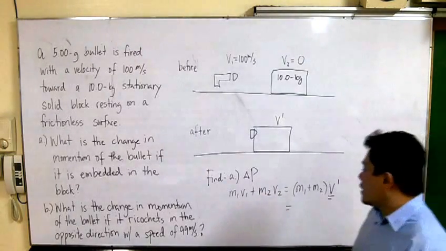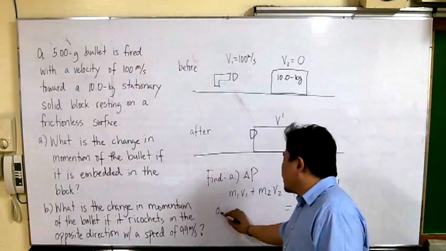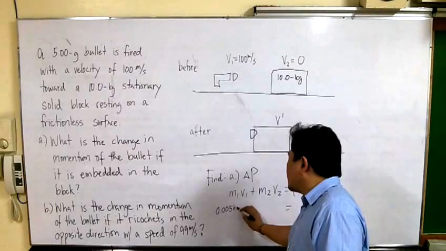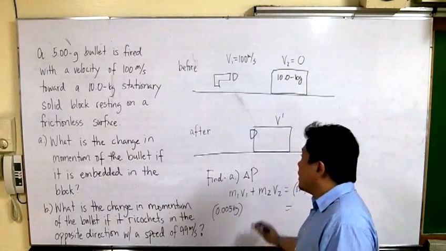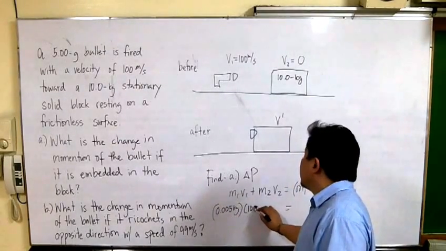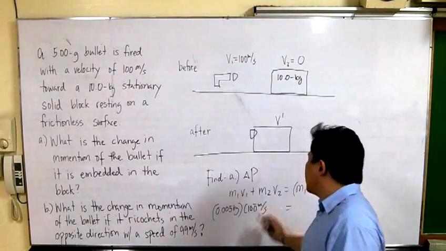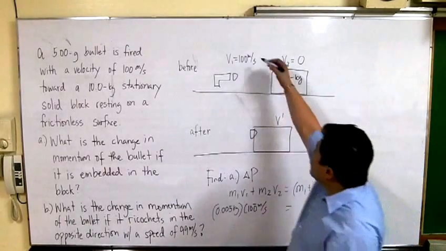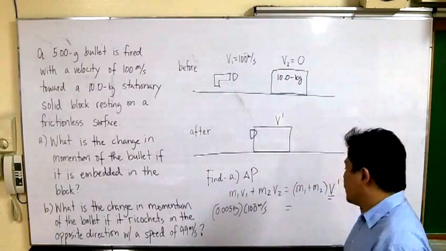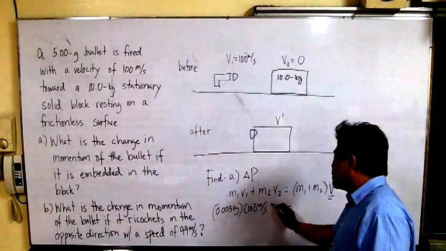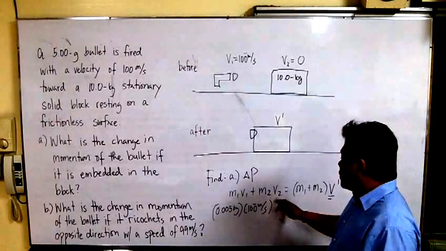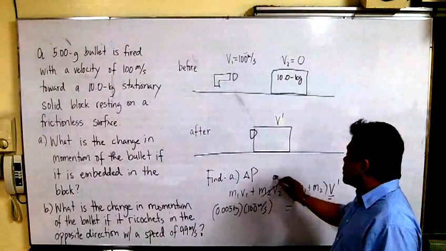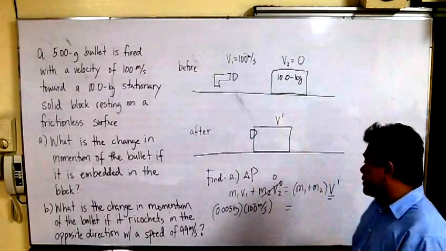We substitute the values. M1 is 0.005 kilograms. V1 is 100 meters per second. Let us put a bar on the second zero to indicate three significant figures, 100 meters per second. And then M2 V2 is just equal to 0 because the block of wood is at rest.